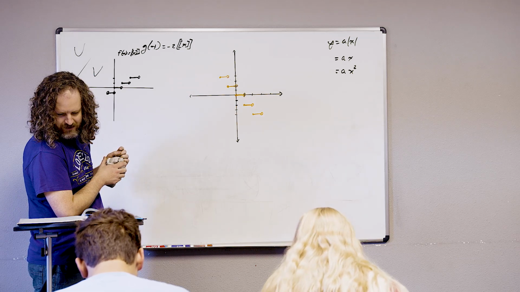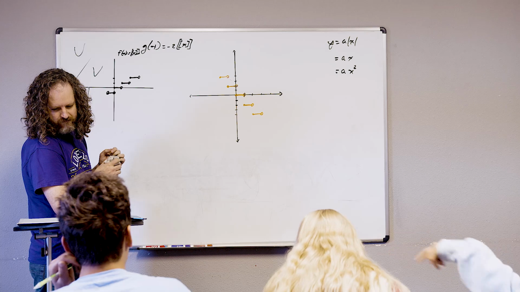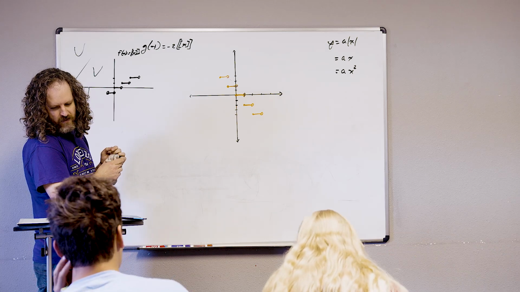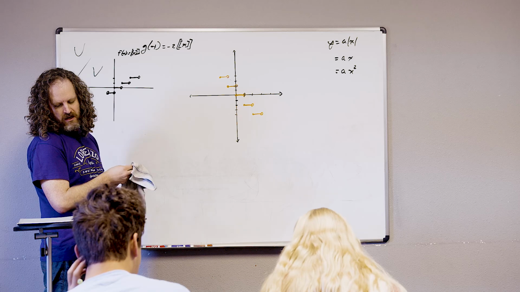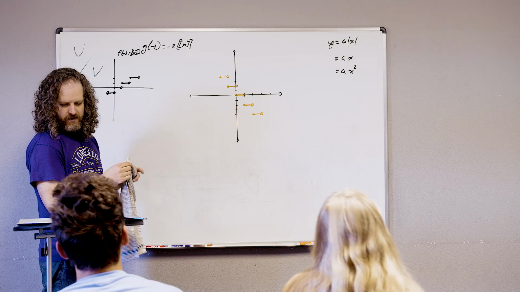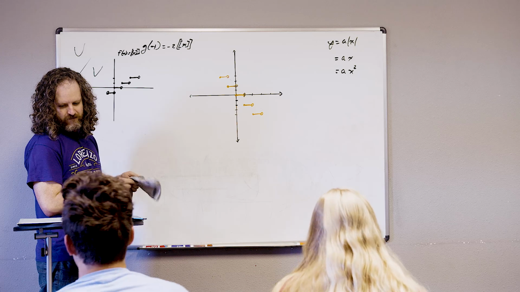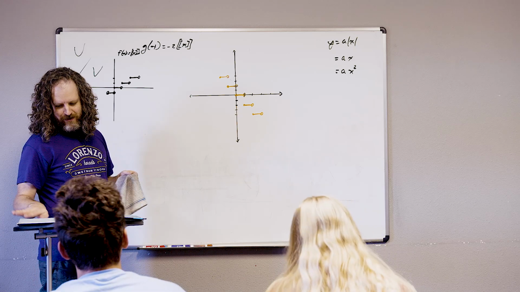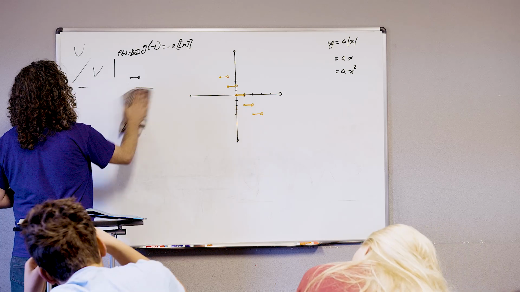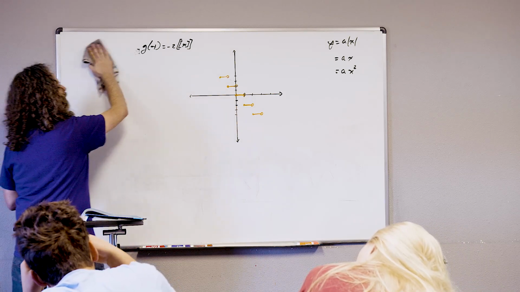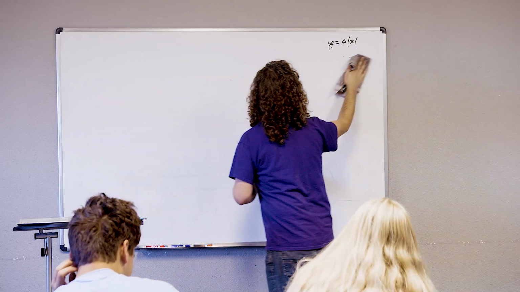I said 22, but then realized it wasn't an absolute value. 22 probably should be omitted because it's got a horizontal stretch in it. And you don't really know how to plug stuff into the greatest integer thing and get something out of it. You don't really know how to math that, so that one should probably be omitted.